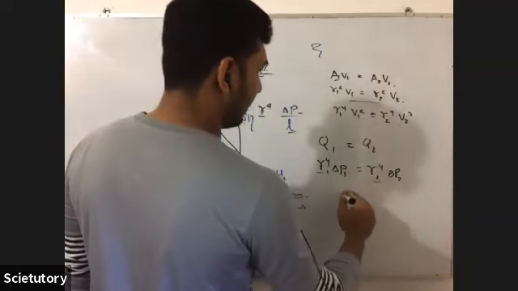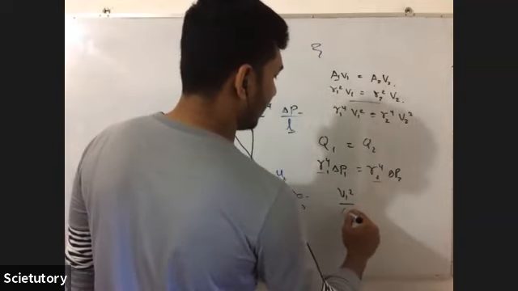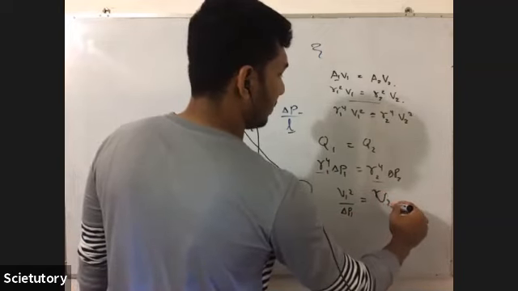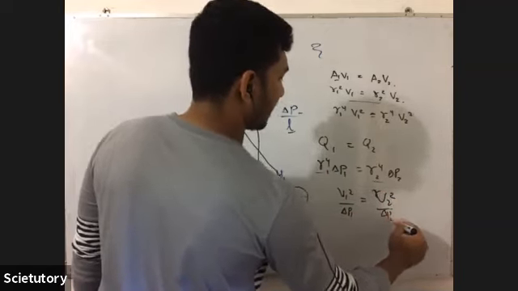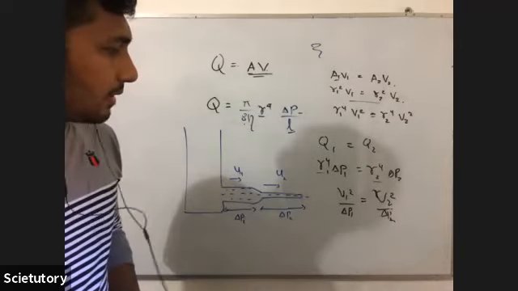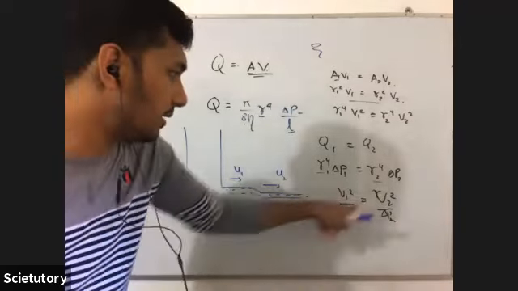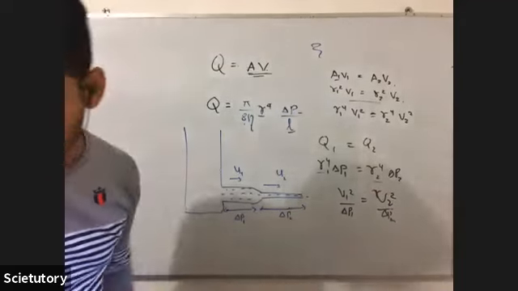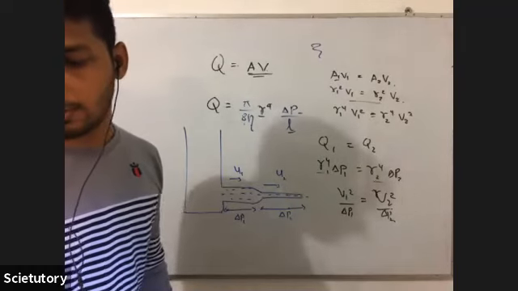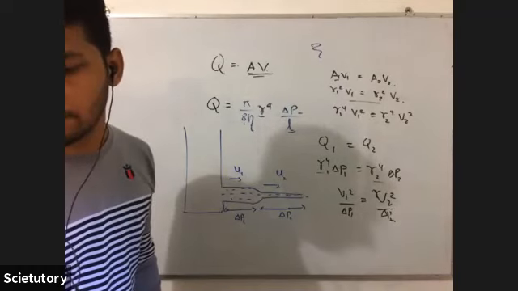So just divide it. So V1 squared over delta P1 is equal to V2 squared over delta P2. So now the ratio delta P1 over delta P2: if you take this here and put this here, it is V1 squared over V2 squared, very easy. So that is the third answer.